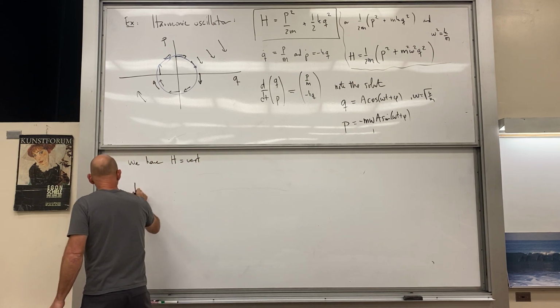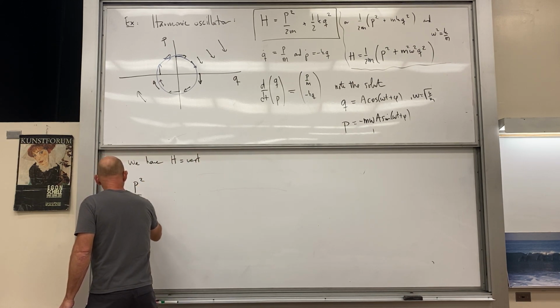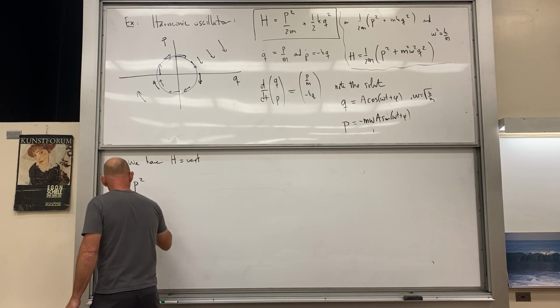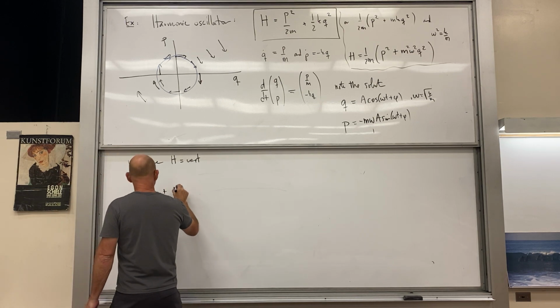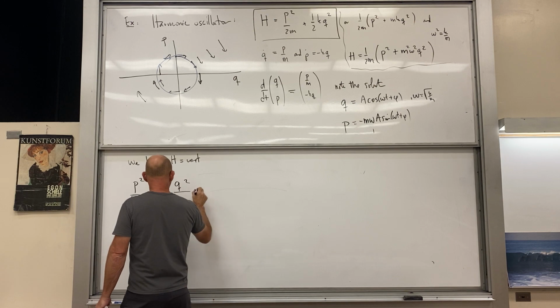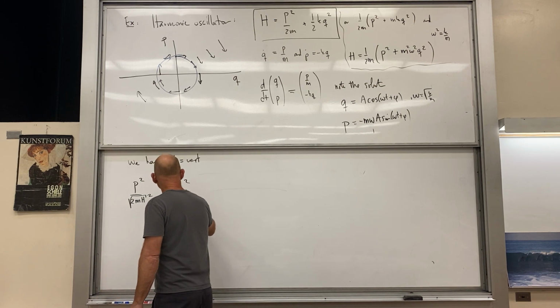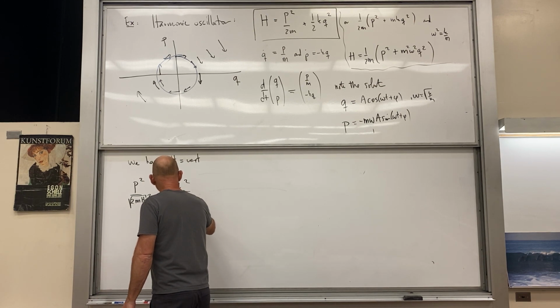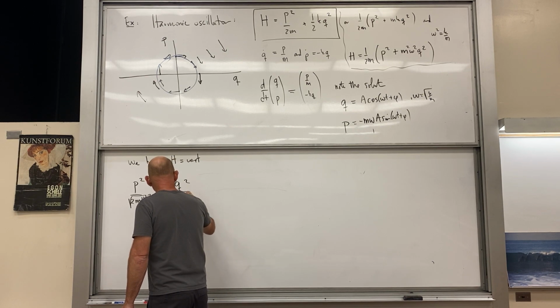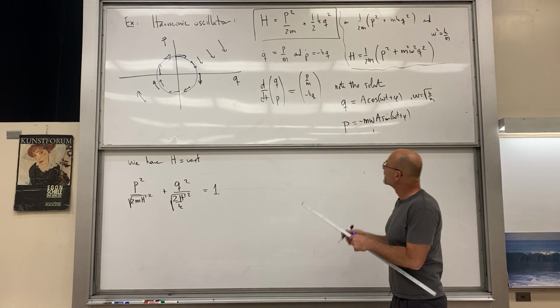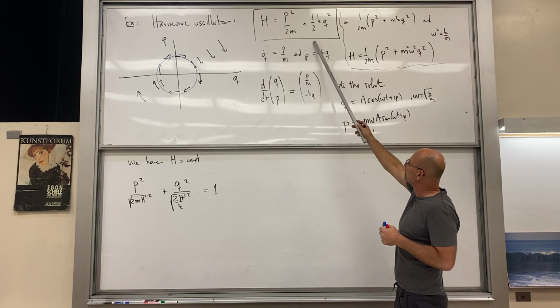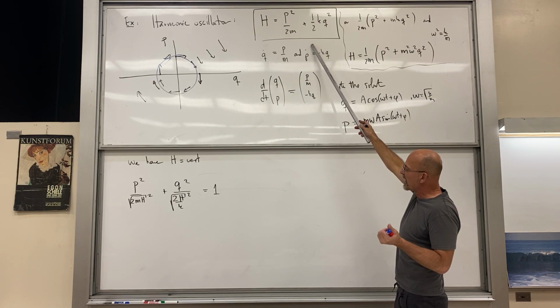P squared over 2mh, and I'm going to go ahead and write the square root squared, okay, plus q squared divided by 2h over k, square root squared, equals 1. So that's just a little manipulation of this equation right here. I divided both sides by h.